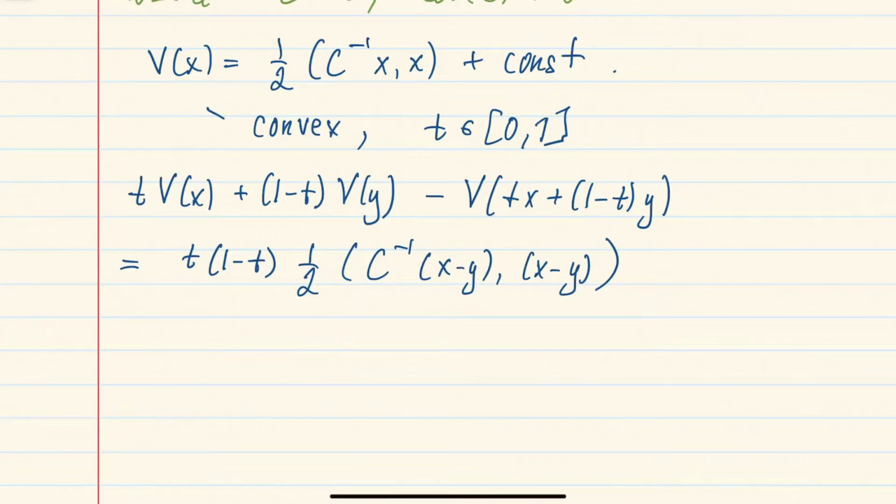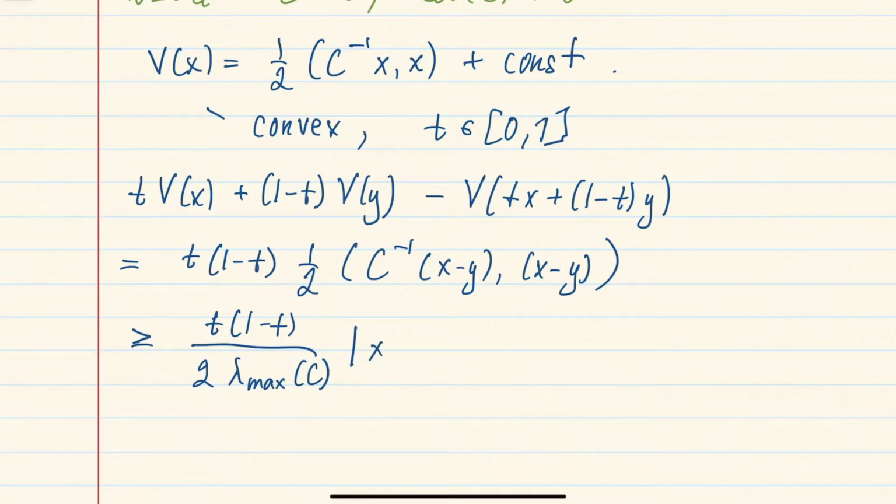What we will use below is that this is greater or equal than t(1 minus t) divided by 2 times the largest eigenvalue of C, times the distance between x and y squared.